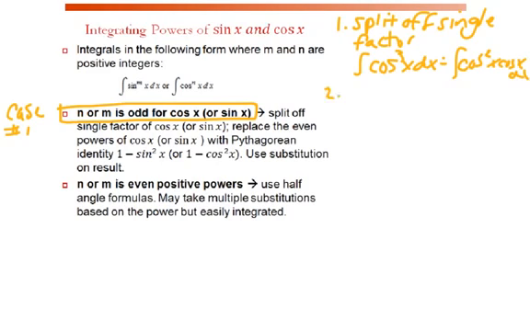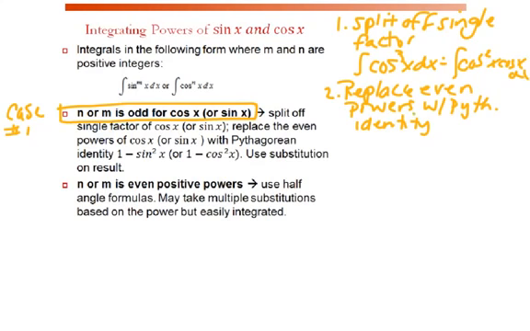Then I'm going to replace the even powers with the Pythagorean identity. So this is going to look like 1 minus sine squared cosine x dx.